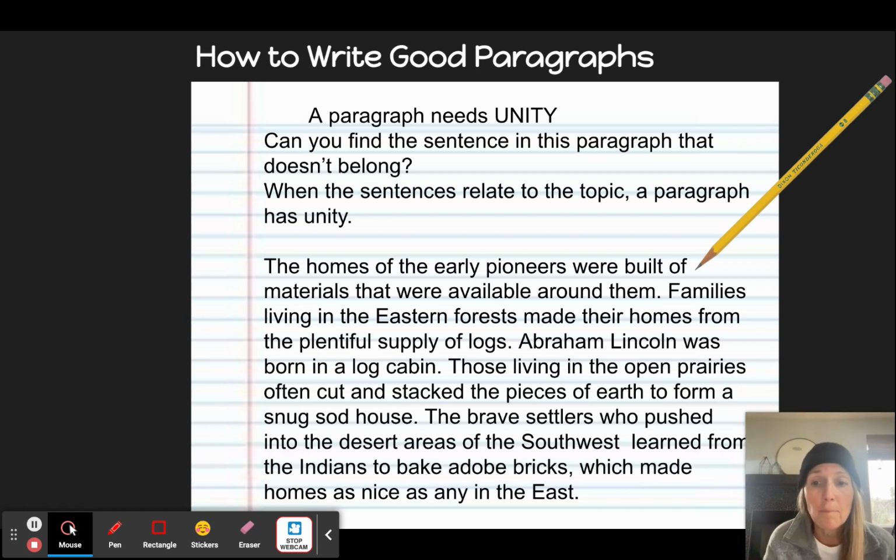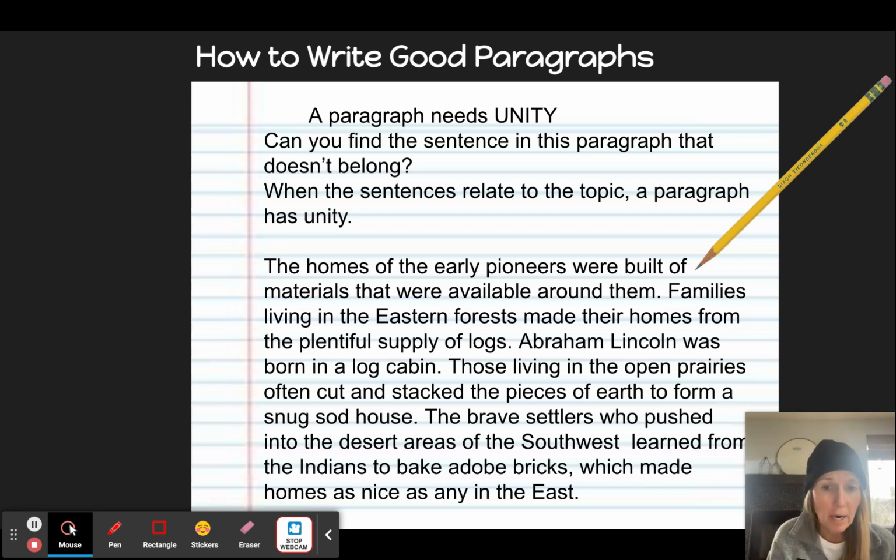Those living in the open prairies often cut and stacked the pieces of earth to form a snug sod house. The brave settlers who pushed into the desert areas of the Southwest learned from the Indians or Native Americans how to bake adobe bricks, which made homes as nice as any in the East.